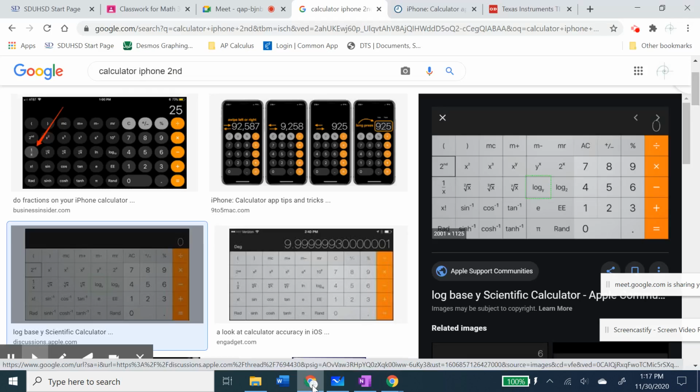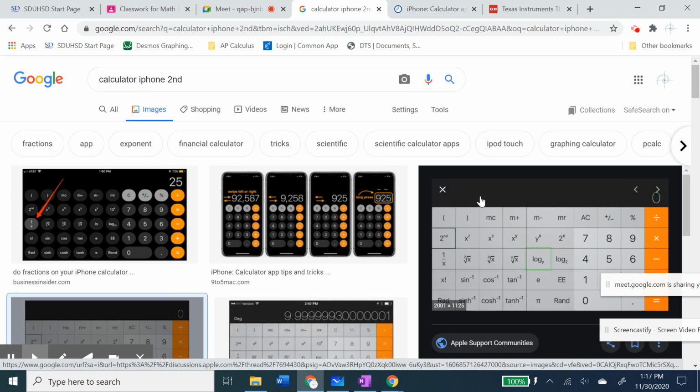I'll just mention real quick. If you push the second button, it takes you to these, and you only want to use either the inverse sine, the inverse cosine, or the inverse tangent. So you're going to stick to those 3.